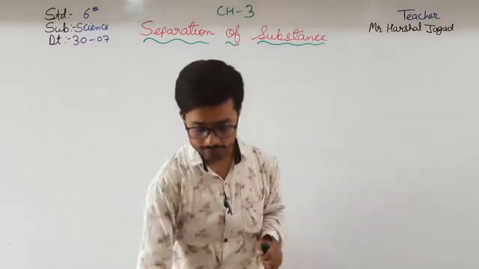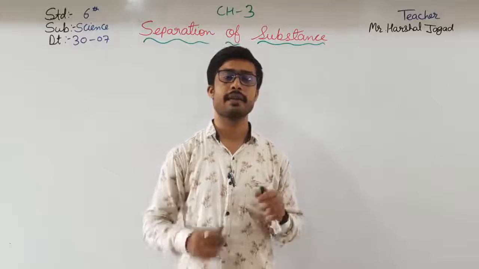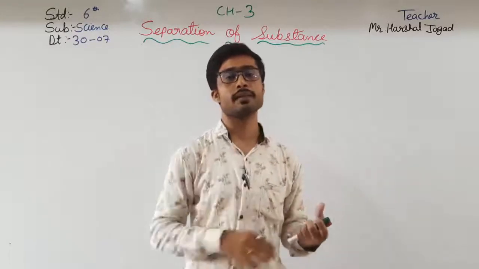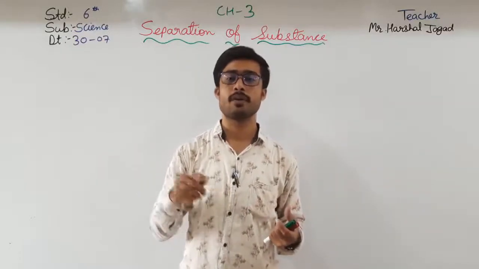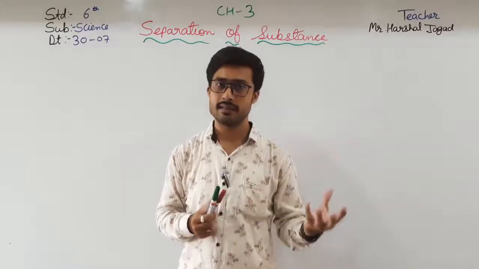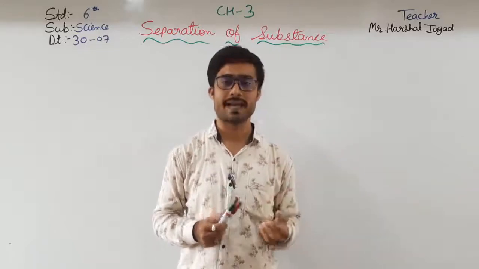Then next we have seen sedimentation and decantation. In that we have seen the example: if you take a beaker, fill the water, then add 3 to 4 teaspoons of sand and mix it well, the solution will be a brownish or blackish color solution.